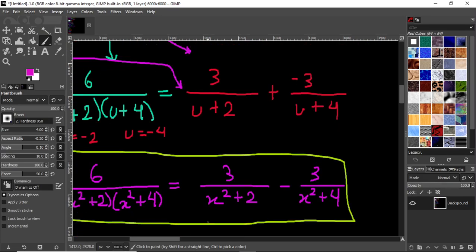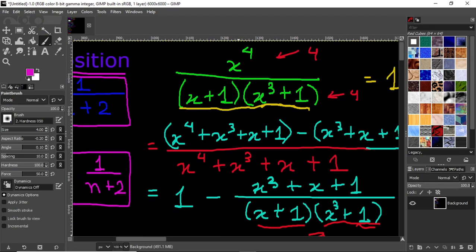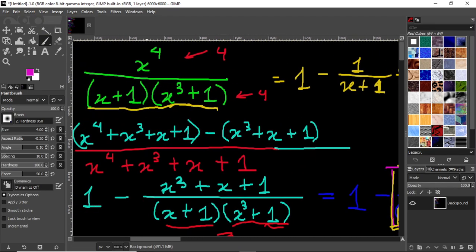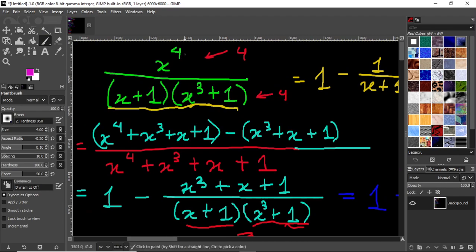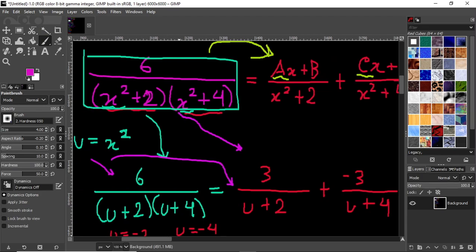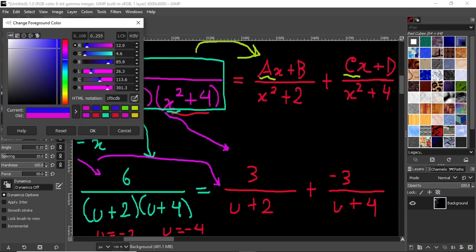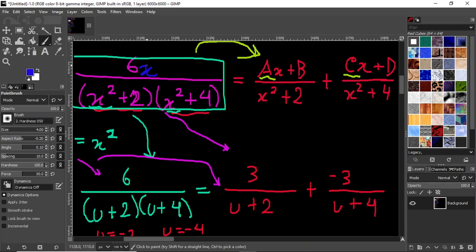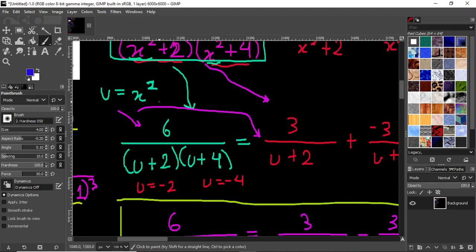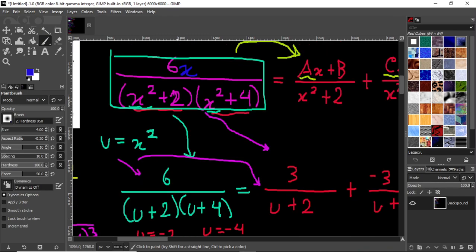Suppose I just made a small modification here. Suppose that this was, wait, where did my example go? If I just had, instead of 6, some 6x here, then after making the substitution, 6x is definitely not a polynomial in x squared.